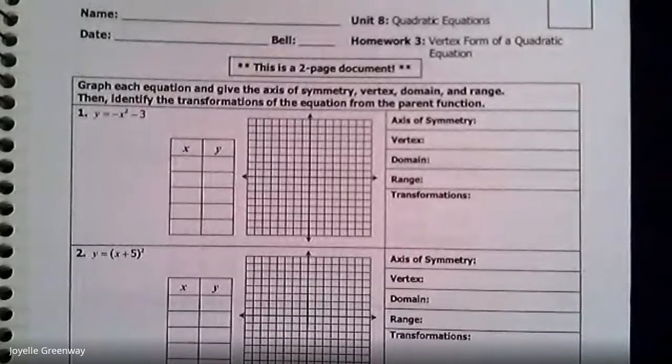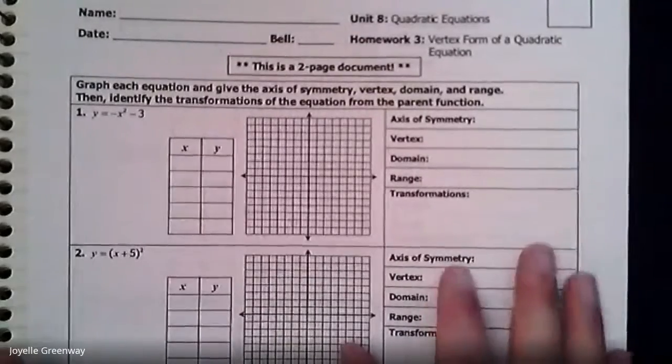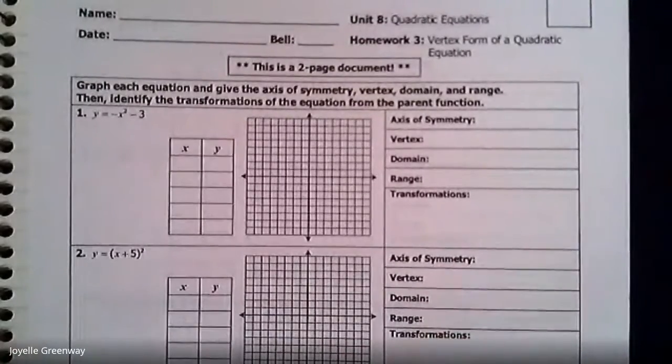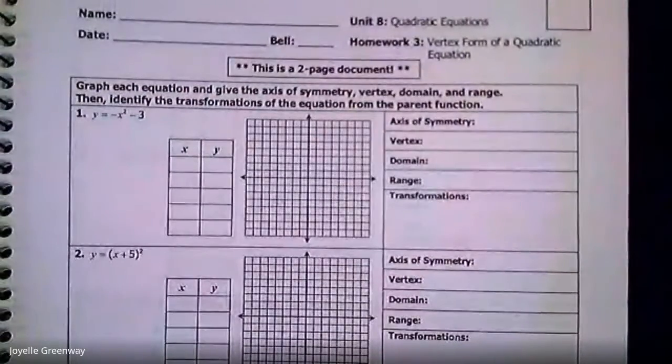All right. So number one, it's not in vertex form. So there are a couple ways you can do it. You can use your negative b over 2a to find the x value for your vertex, plug it in, get your y value. There's your vertex, your axis of symmetry, all of that.